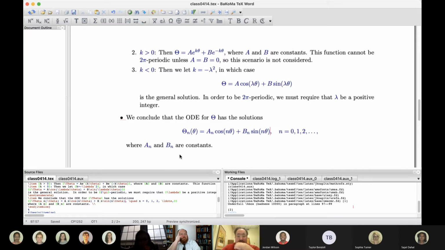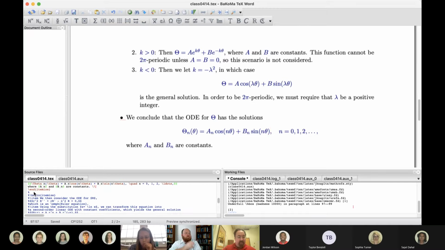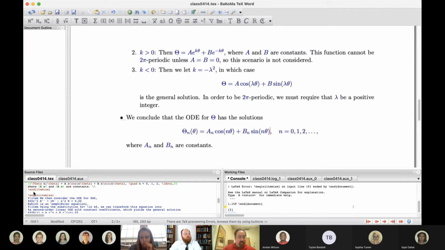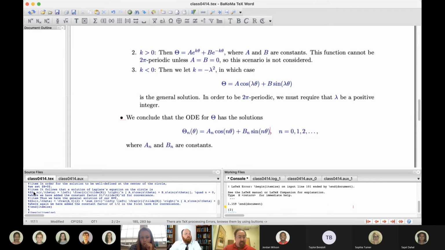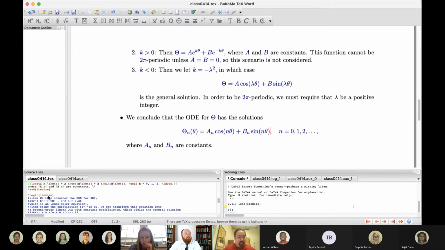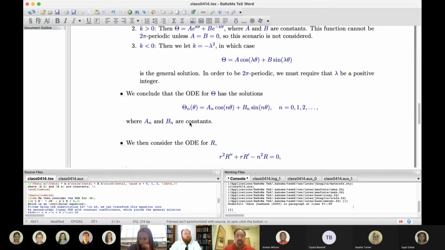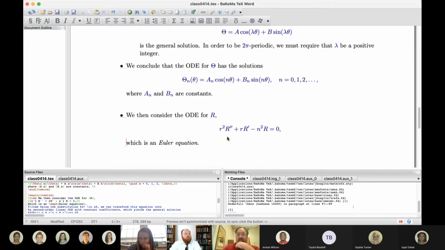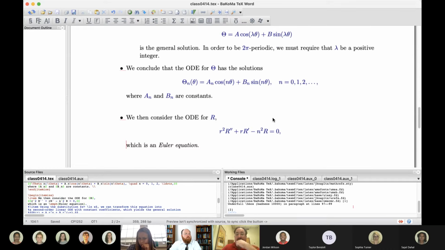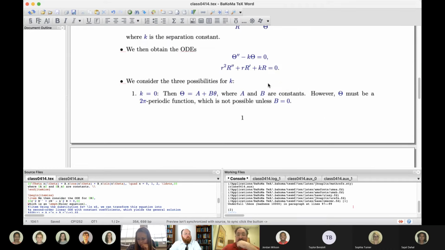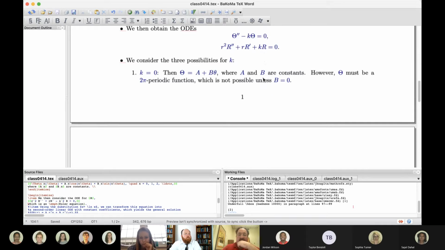Okay, so now we have our form for capital Theta at least. And now we can turn our attention to the other ODE, for capital R. That has this form now. What we had before was some separation constant k, which we now know has to be non-positive.